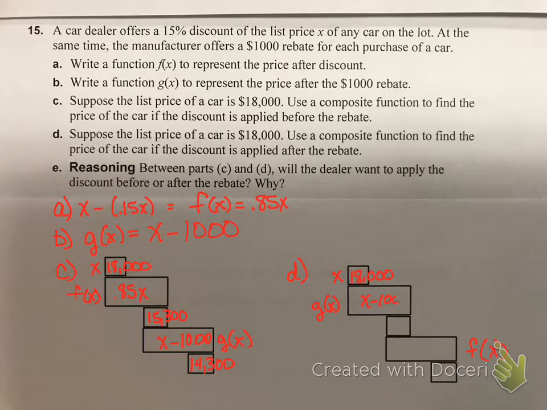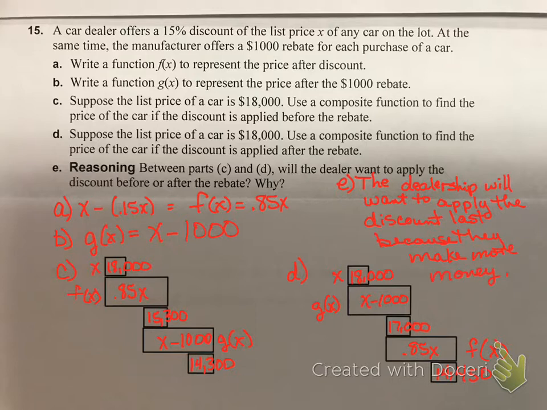Okay, C is applying the discount first. D is applying the rebate first. If I apply the discount first, I pay $14,300. If I apply the rebate first, I pay $14,450.